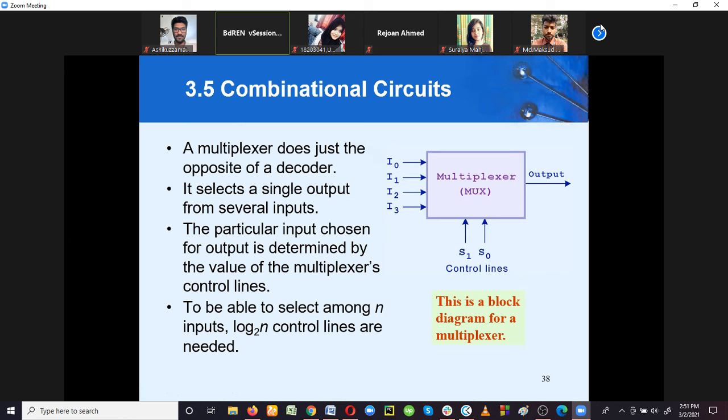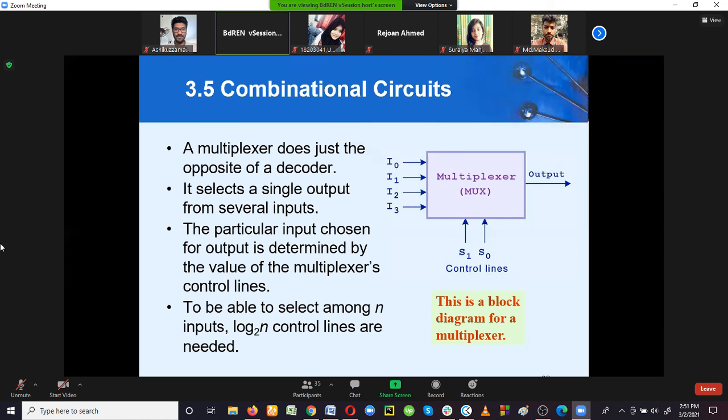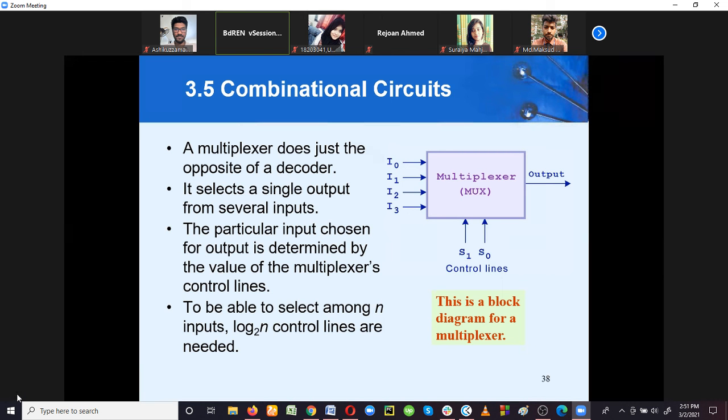Got my point? If I ask you what is the work of the control line, now I hope you can explain it. To be able to select among n inputs, log to n control lines are needed. So what is the function of log to n? This function is used to reduce the number to almost less than half of the input.